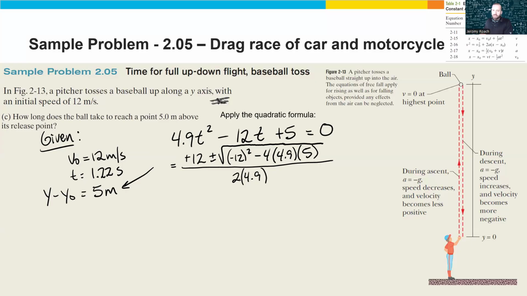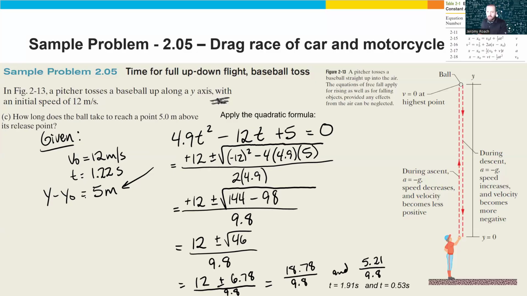All divided by 2a, and a is 4.9. So we have 12 plus or minus the square root of 144 minus 98, because 4 times 4.9 times 5 gives us 98. The bottom is just 9.8. Now we take the square root of 46.